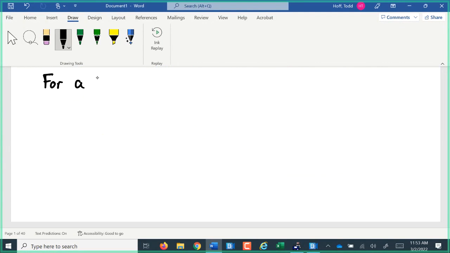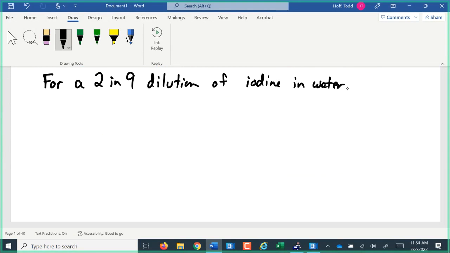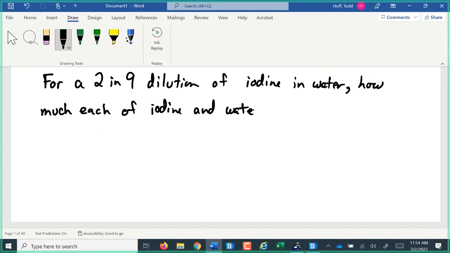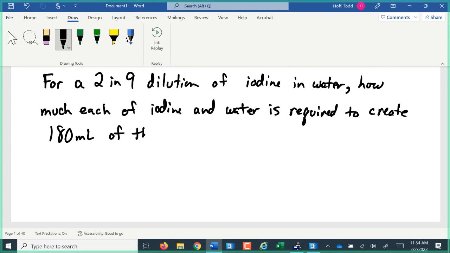For a 2 in 9 dilution of iodine and water, how much of each, iodine and water, is required to create 180 milliliters of the dilution?